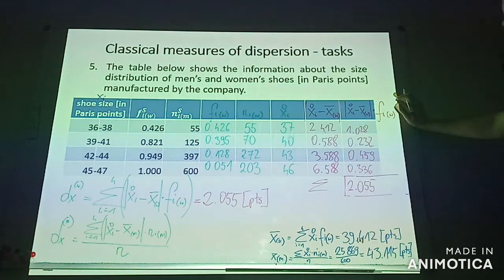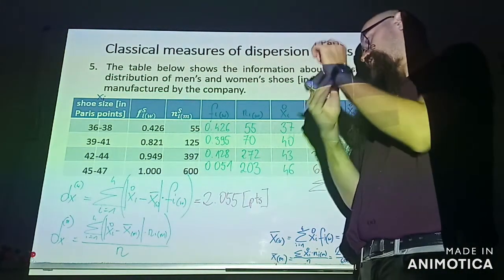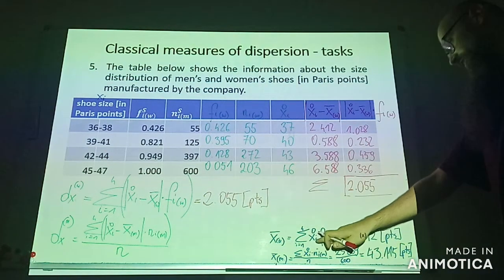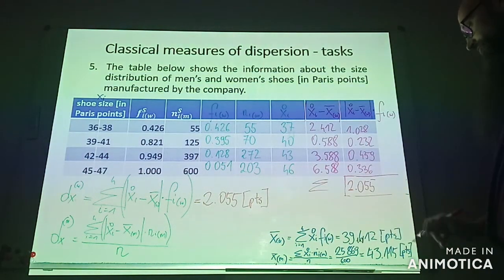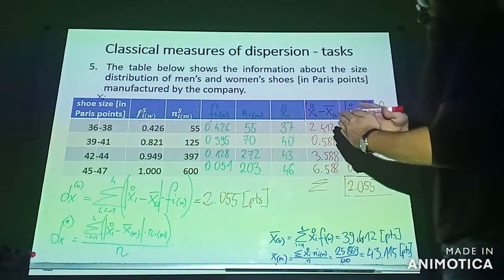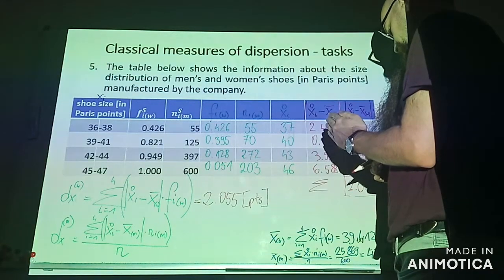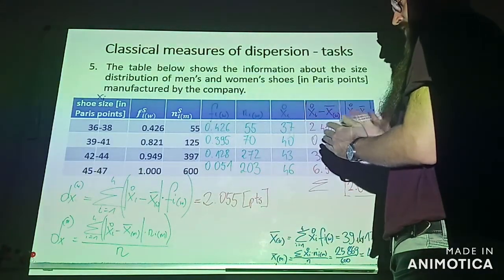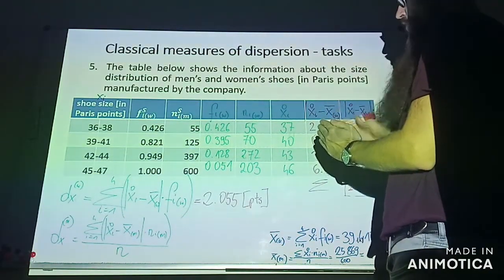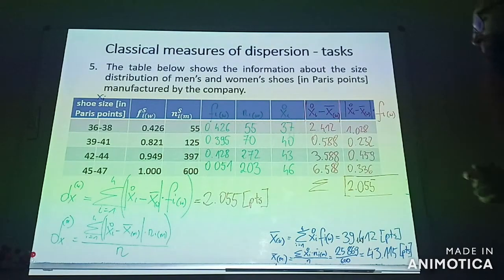Please write it down. Here we have the average level of the considered phenomenon, average shoe size for women's shoes, 39.4 approximately, and the values of our variable deviate from the average, from the mean, on average about 2 points.